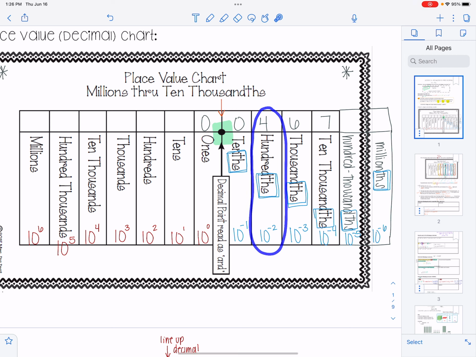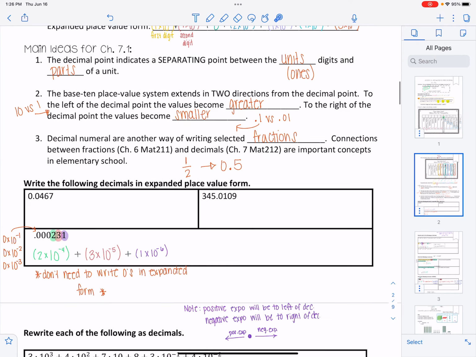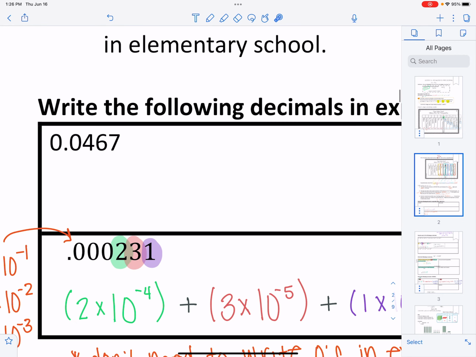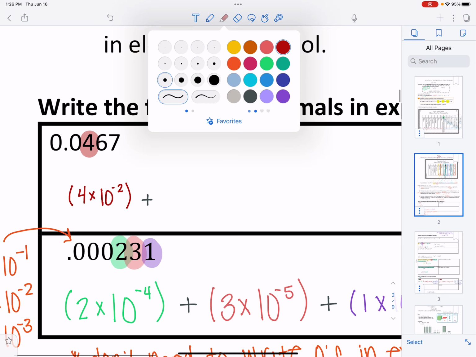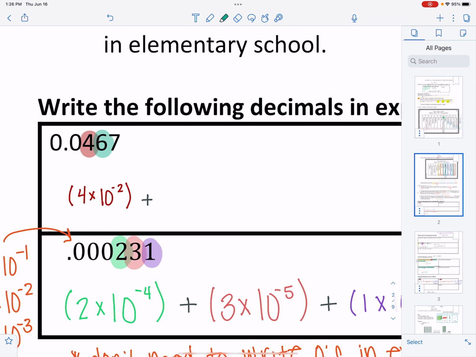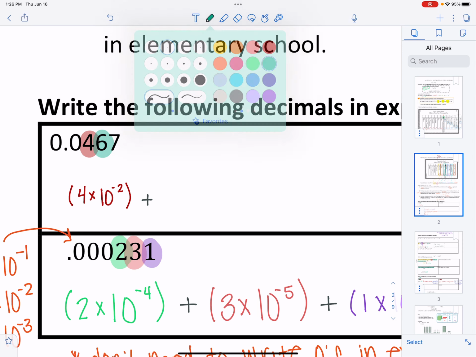So in this one, it's going to be 4 times 10 to the negative 2 because it's in the hundredths place. So we're going to start with this as 4 times 10 to the negative 2 plus the next digit, which is going to be the 6 in the next spot.